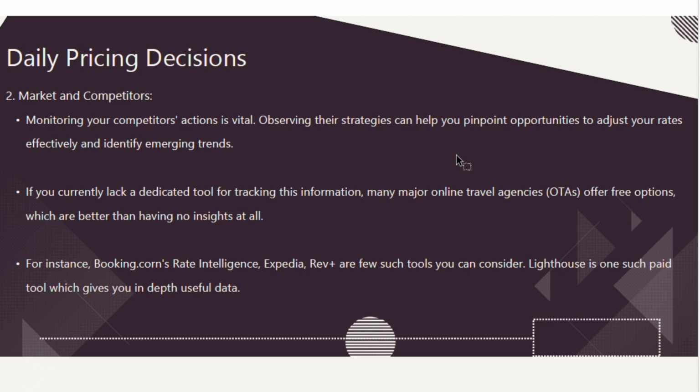It's called Rev Plus. If you compare the two, Booking.com gives you much more information. However, if you do not have any tool at all, then looking at both of these options which these OTAs provide can help you in your pricing decisions.